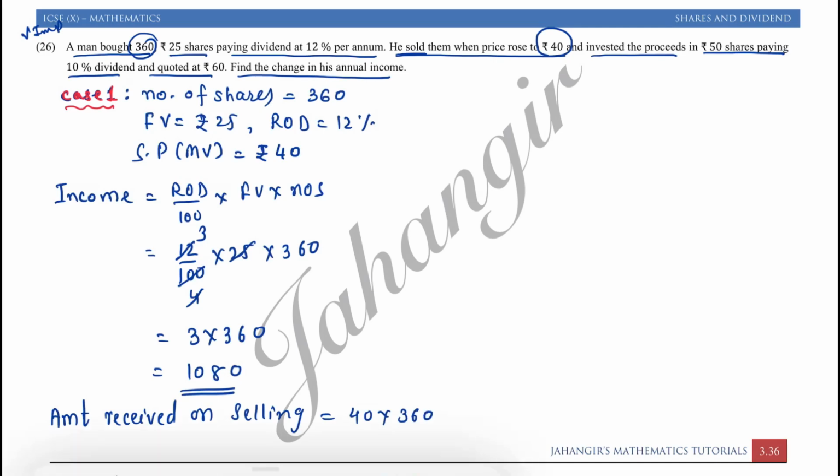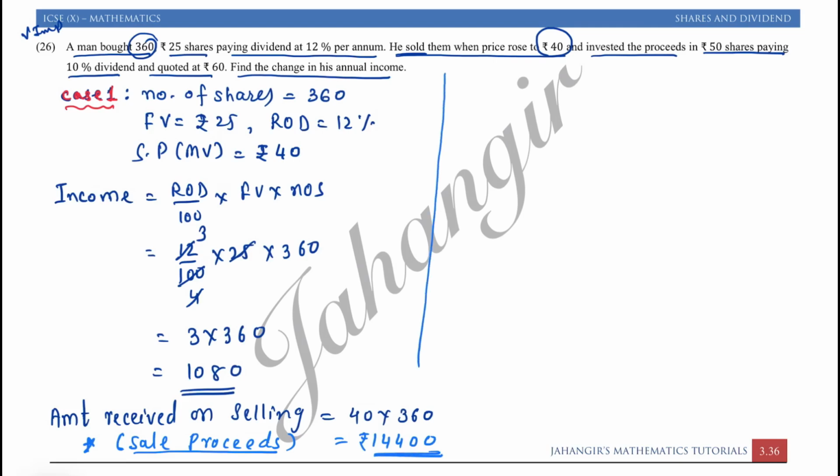This amount is called sale proceed. Proceed means after selling, this amount we are investing in another type of share. So remember this word, sale proceed, is very important. Sale proceed is the amount received on selling the shares. Now 36 into 4 is 144, so I am getting an amount of 14,400.